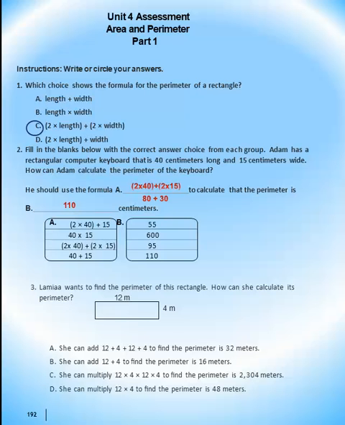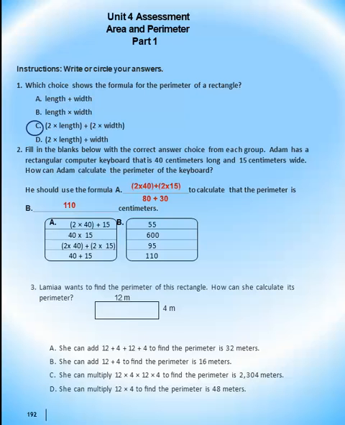Lamia wants to find the perimeter of this rectangle. How can she calculate this? Lamia has a rectangle with 12 meters length and 4 meters width.